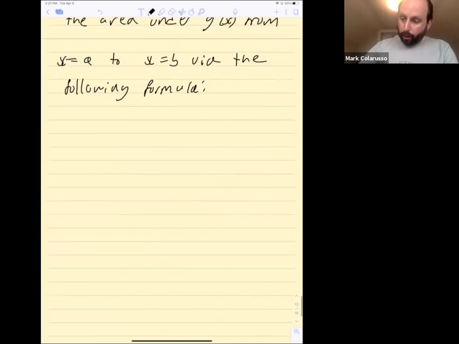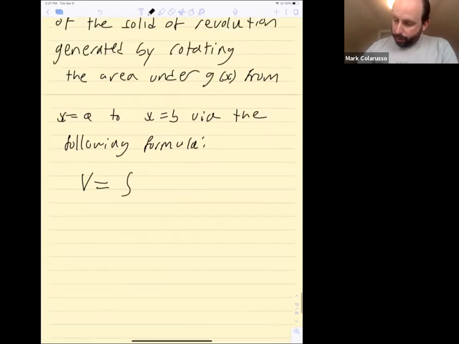Again, where this formula comes from, I can explain it if you like. It's not that easy. So the volume V of the solid of revolution is the integral from a to b of pi times the value of the function squared, dx.